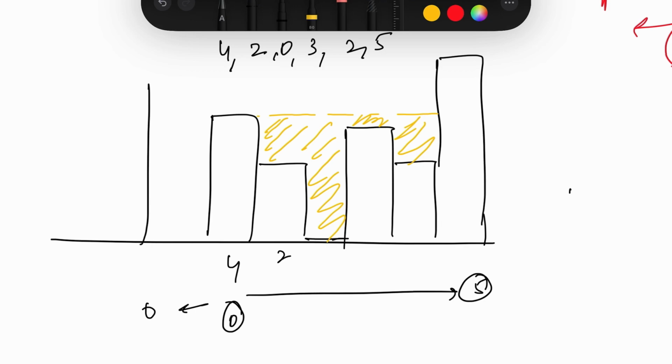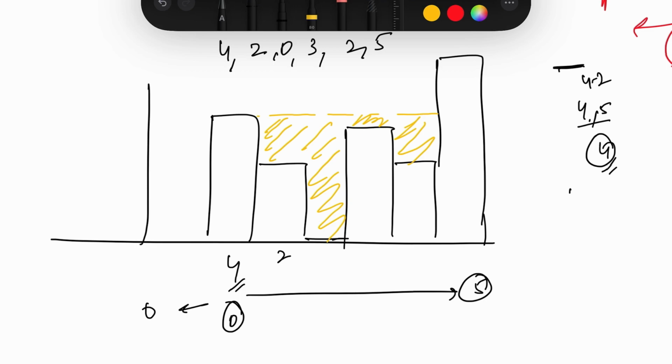For this tower of height 2, how much can it trap? On the left side, the tallest building is 4. On the right side, among all the buildings, the tallest building is 5. So the minimum of 4 and 5, the intersection, is 4. It means the water can go up to height 4, and this is already 2.